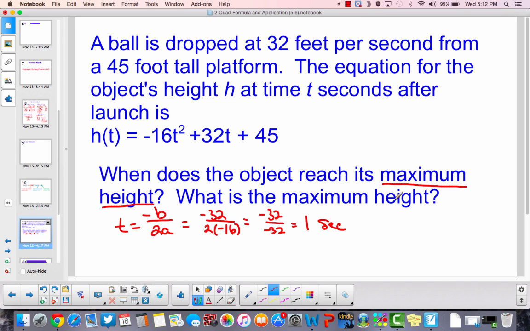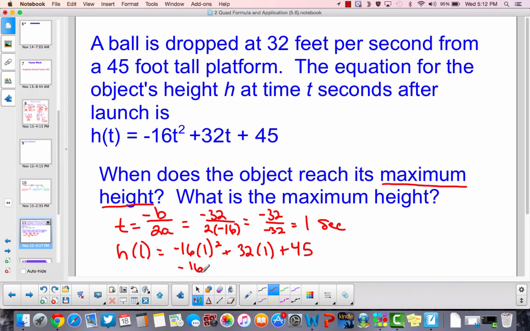What is that maximum height? Well, what do we have to do with that 1 second? We have to plug it into here and see what our answer is. So our height after 1 second is negative 16 times 1 squared plus 32 times 1 plus 45.